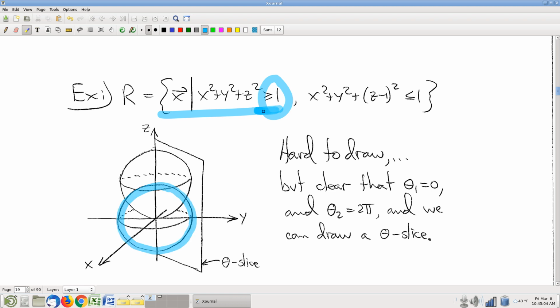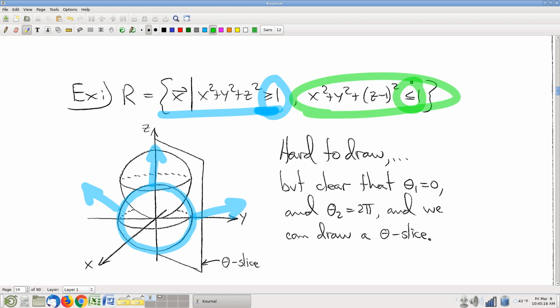Note the greater than or equal, right? So further away from the origin than 1. So, out there. But inside, you will notice, this other sphere. So, inside the green sphere, outside of the blue sphere.